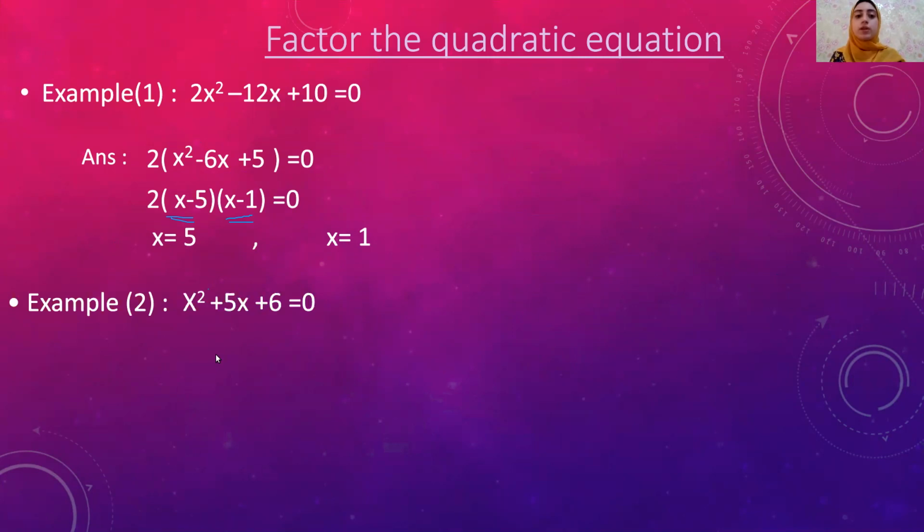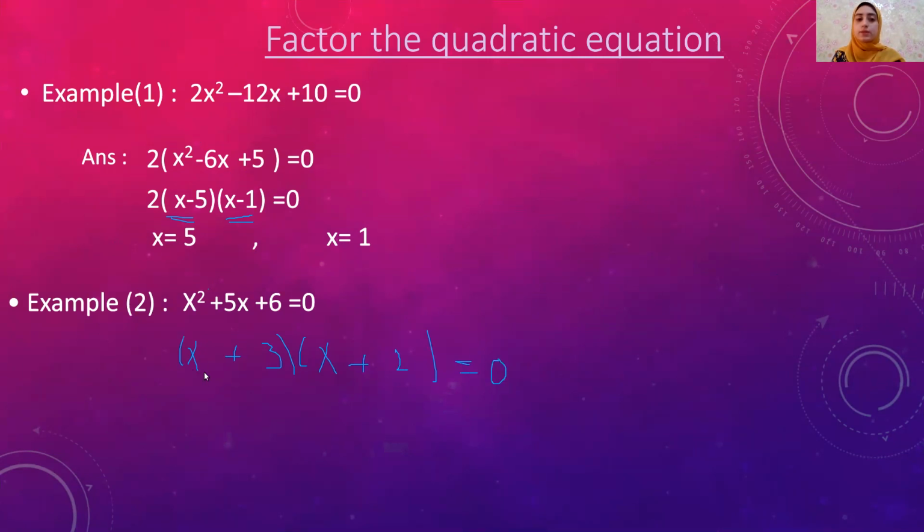x squared plus 5x plus 6 equals 0. I wanted to factor this quadratic equation. Well, I will open two brackets, factor out x. 6 is 3 times 2, of course, plus, so it would be plus here and plus here, equals 0.